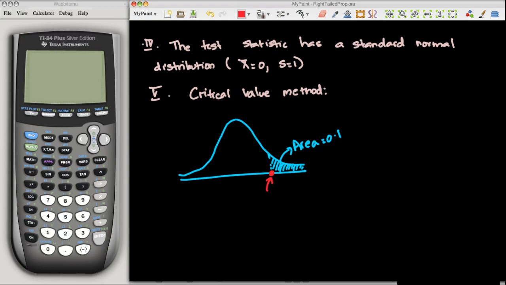The critical value is obtained from a normal distribution so that the area below is 1 minus alpha, because the area above is alpha. 1 minus alpha is 0.9 if the area above, which is alpha, is 0.1. We could find that critical value by using the function inverse norm 0.9.